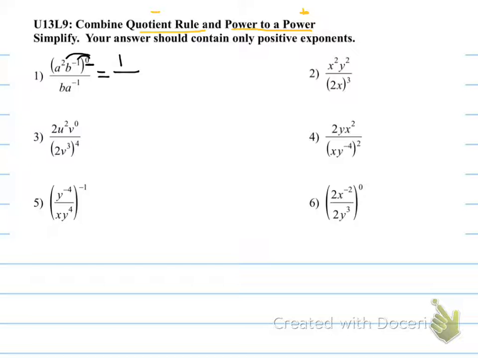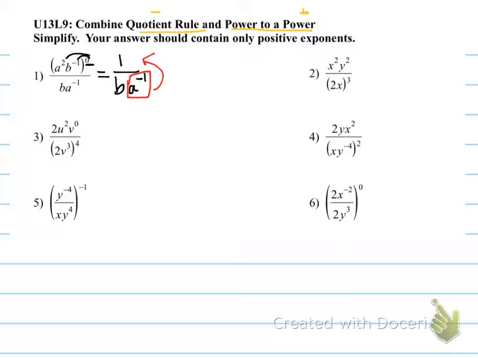And then the denominator stays the same. So I've got my b and then a to the negative 1. Remember, we don't want negative exponents in our answers, so the last thing we have to do is take care of that negative exponent. We've got that a to the negative 1 on the bottom, but if we want to make it positive, we have to change the location. Because it's on the bottom, we make it positive and put it on the top.